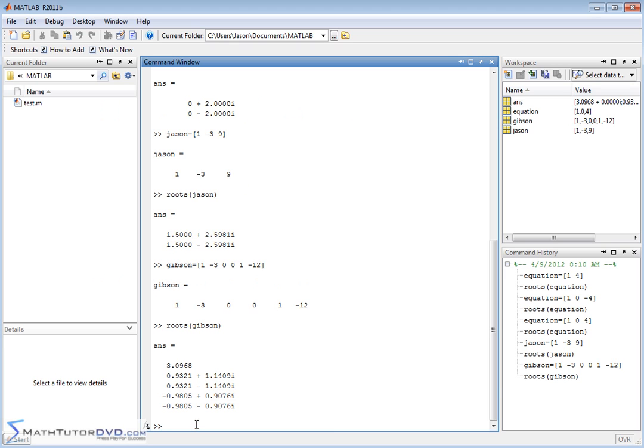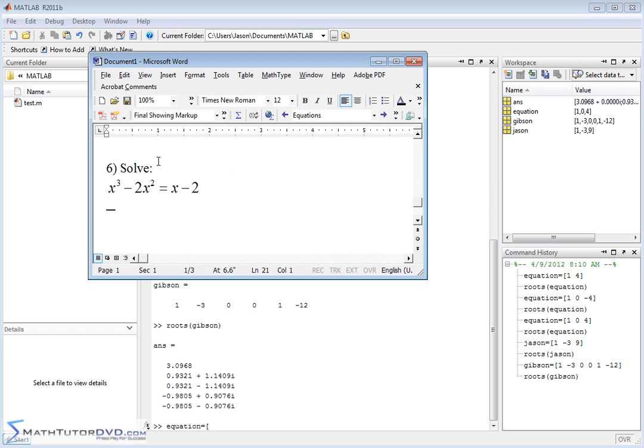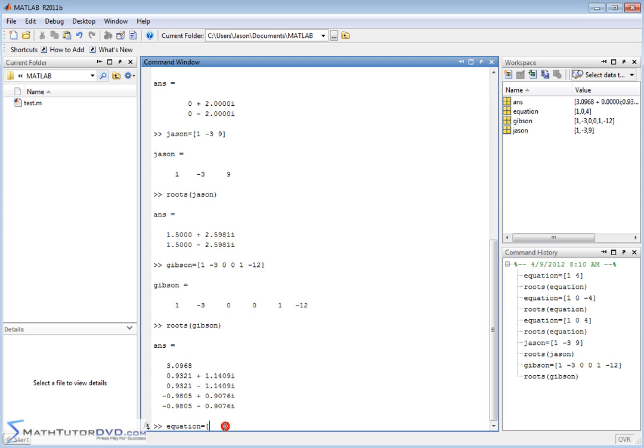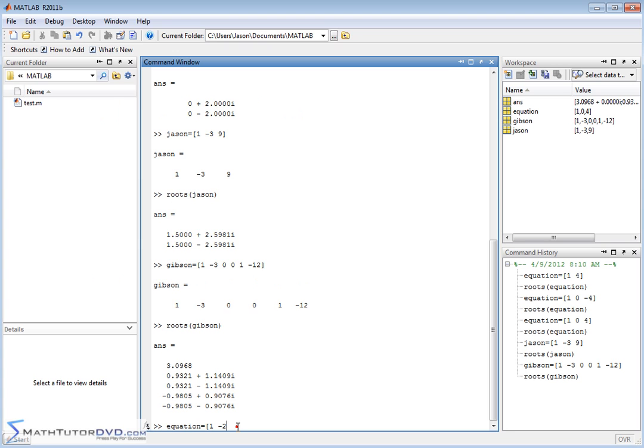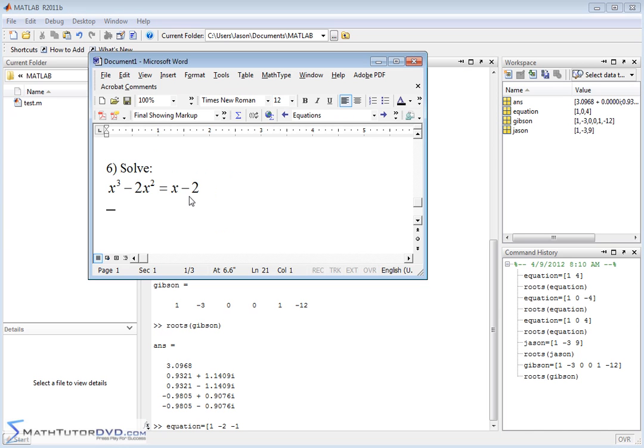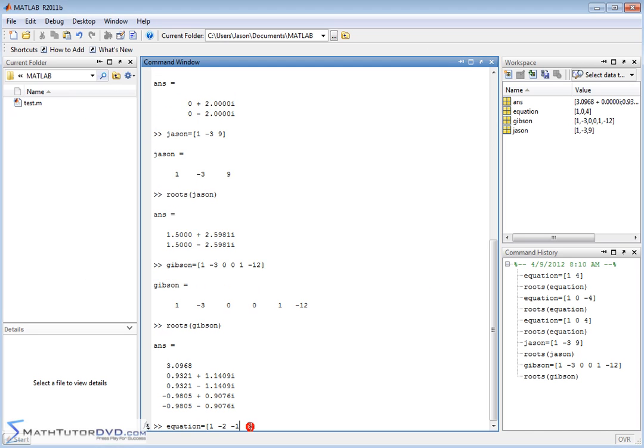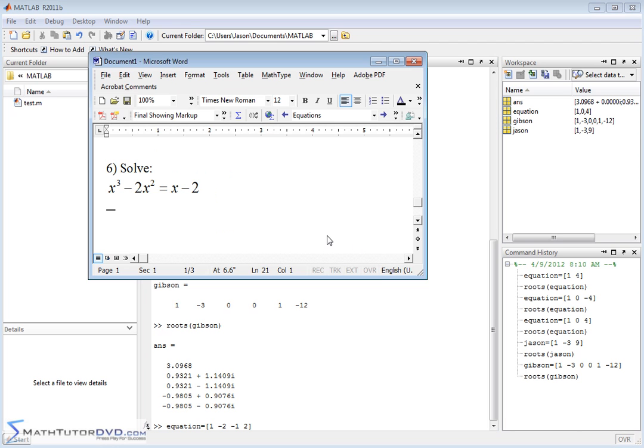So for instance, if I wanted to set up the coefficient matrix again, then on the left-hand side it's going to be 1x cubed minus 2x squared. And then when we move the x over here, it's going to be negative 1x, so I'll have a negative 1x. And then when I move the negative 2 over, that's going to become a positive 2. This is how I set up my coefficient matrix for this problem.